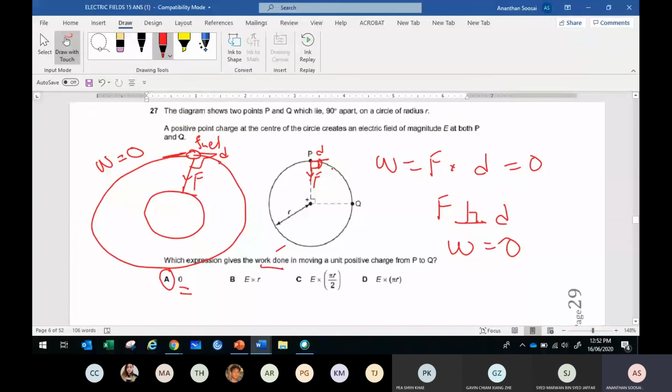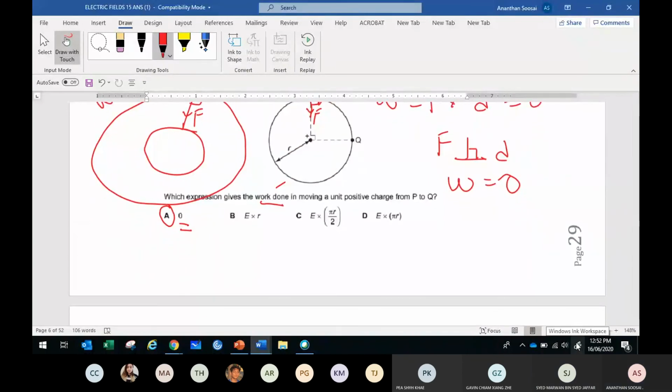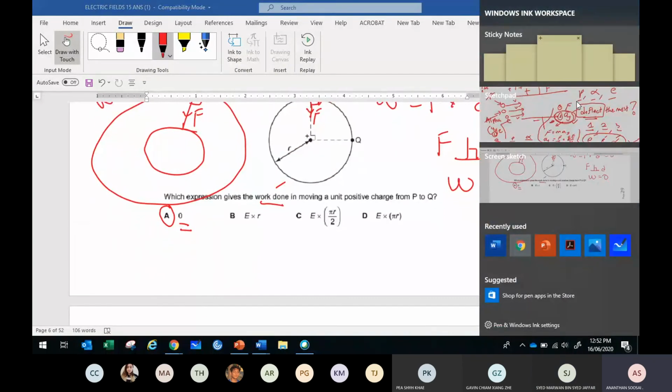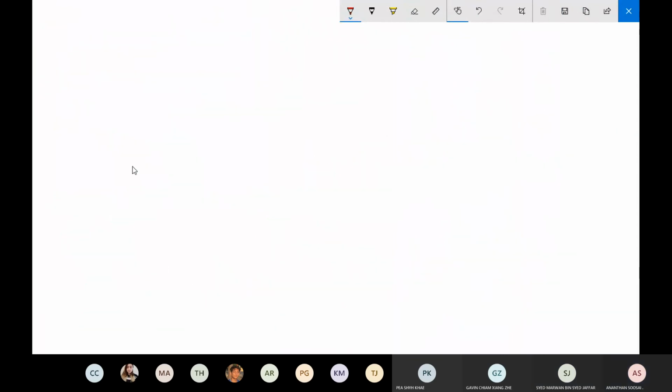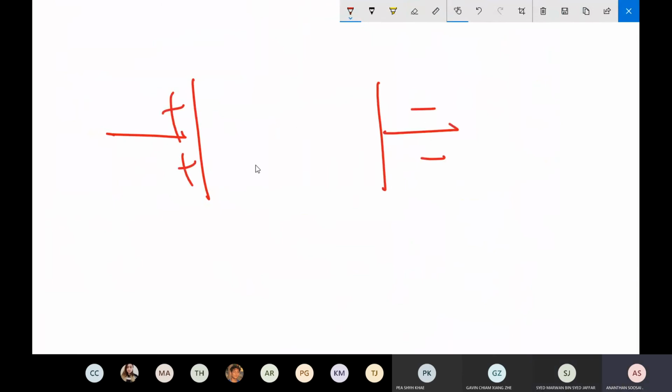Last one more question comes to my mind. Let me ask you this before I forget. Okay, this is also a tricky one. Parallel plates, positive and negative. A proton is placed here. A proton moves to the negative, of course.